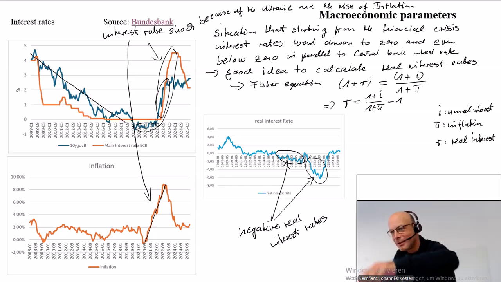And still, if you look, for example, at the development of the exchange rate, you still see that you have an inflow of capital. And then you can ask yourself, well, why are people still giving money to Switzerland, although they are losing their money?